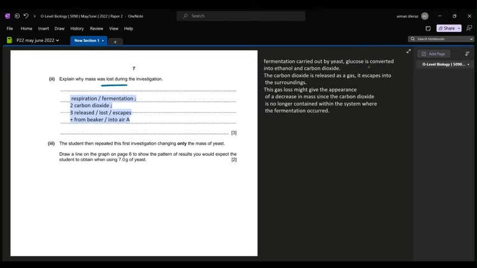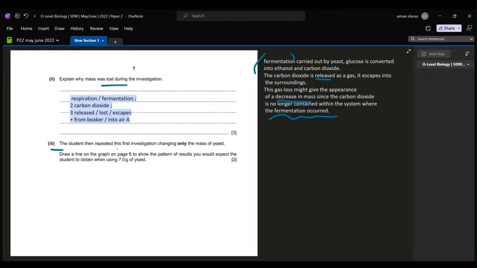Glucose is converted into ethanol and carbon dioxide, and we're talking particularly about fermentation. Carbon dioxide is released as a gas and it can escape to the surroundings easily. This gas loss gives the appearance of a decrease in mass because it is no more in the container where the fermentation occurred. Now, they said part 3.